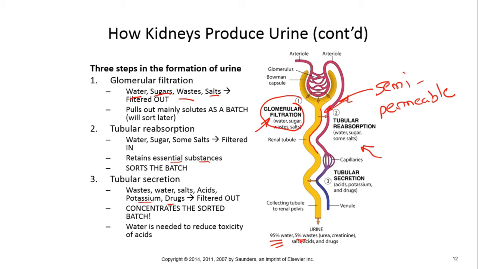I'm sorry, yes, it contains those. So you're asking, wait a minute, I thought my body needs that water. Here's the thing. If your body just excreted this waste, it would be too toxic to your body and would start to cause cancerous cells to form in your body.